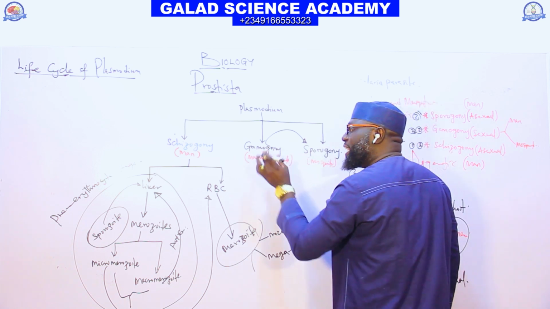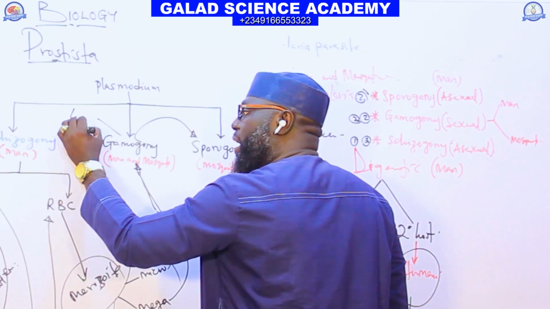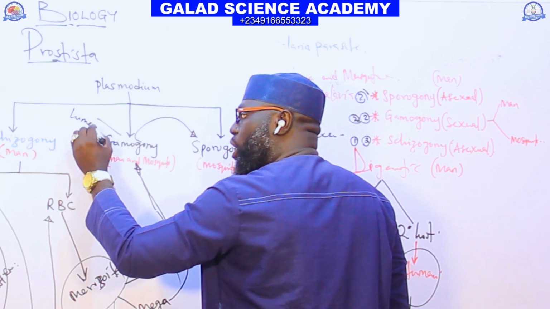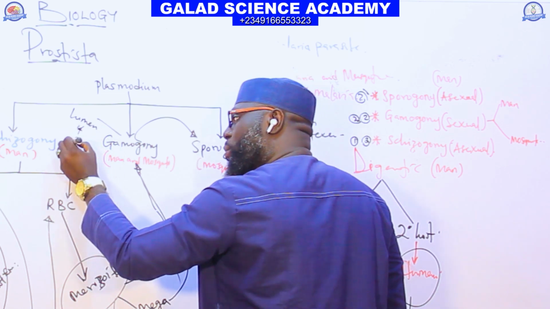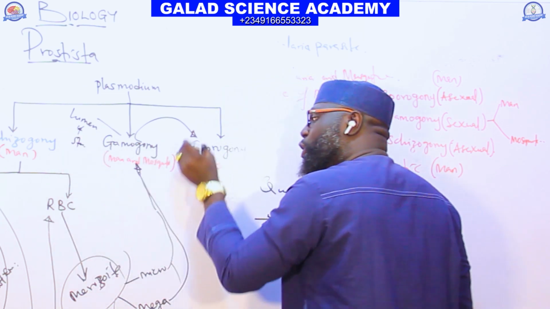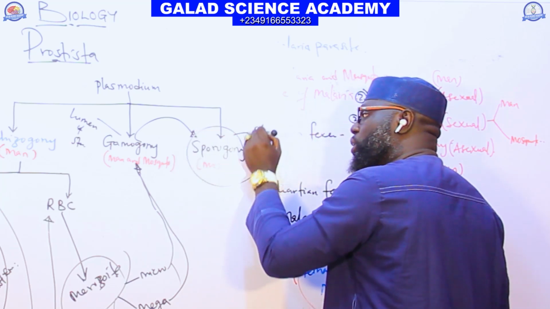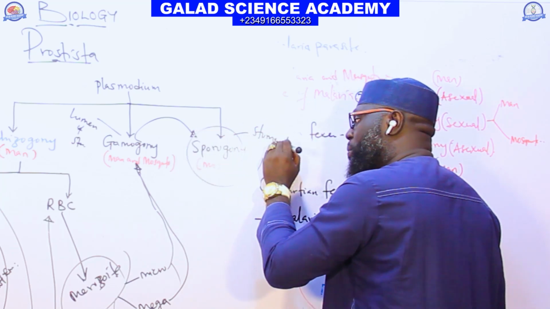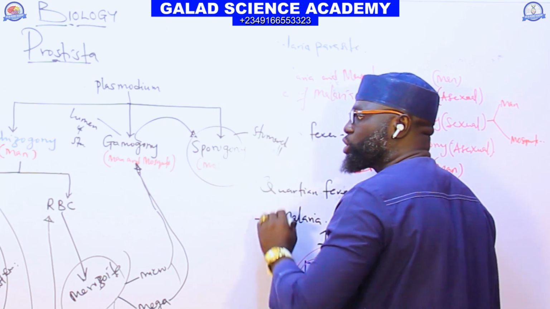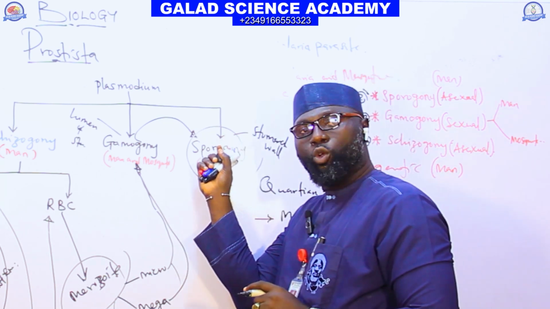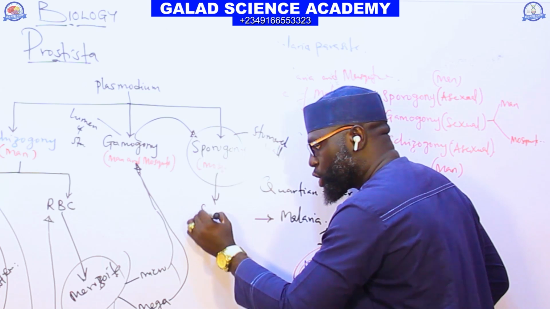But this gamogony takes place in the lumen of the mosquito, or in the stomach of the mosquito. But sporogony takes place in the stomach wall of the mosquito and produces sporozoites.